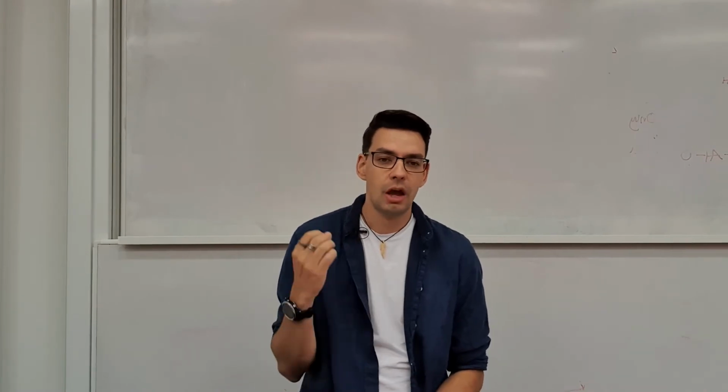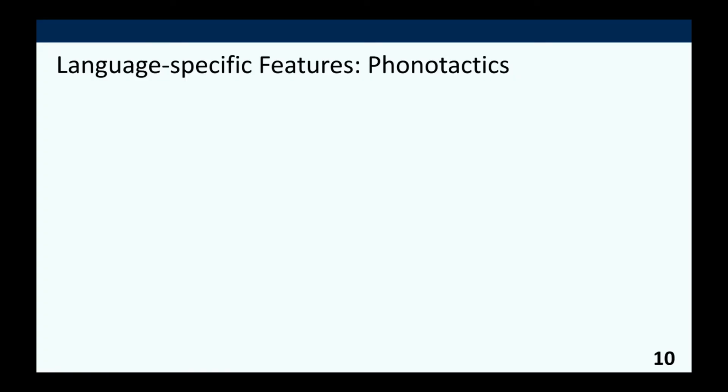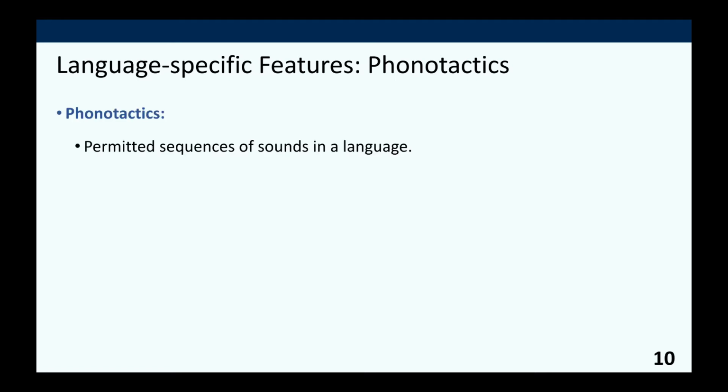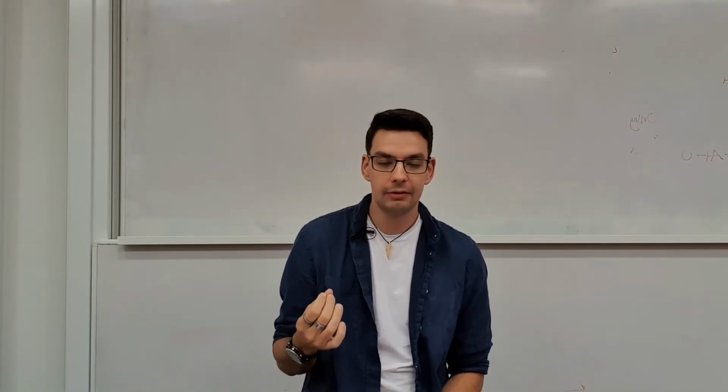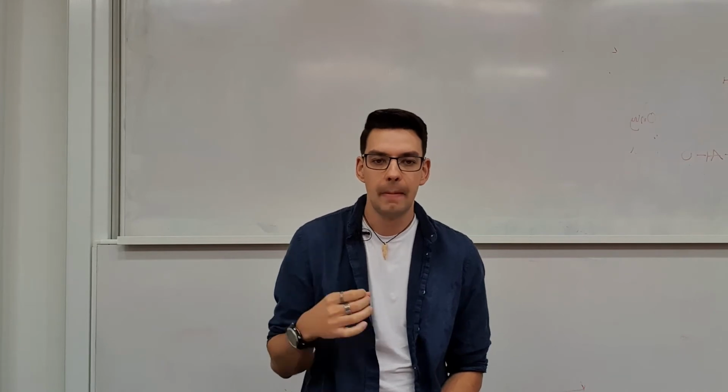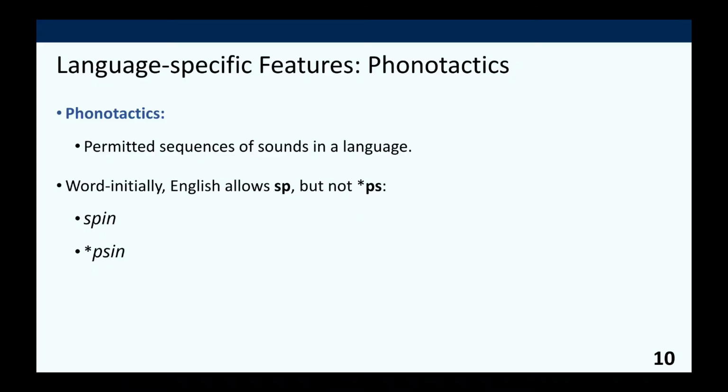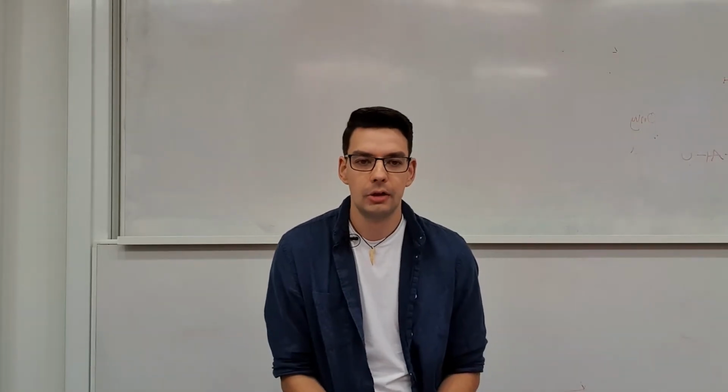For example, phonotactics. Phonotactics are the rules of how the sounds of a language can be combined, the permitted sequences of sound in a language. For example, in English, we're allowed to have the sequence SP but not PS. So we can have words like spin, but we can't have words like psin. Compare that, for example, to Greek.